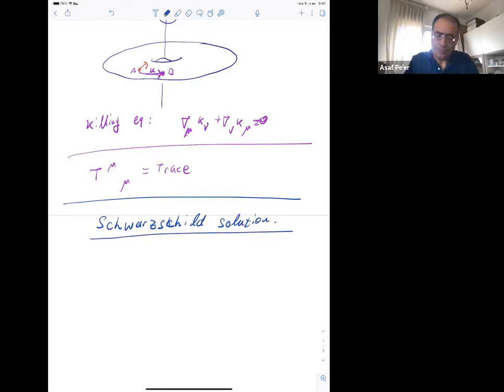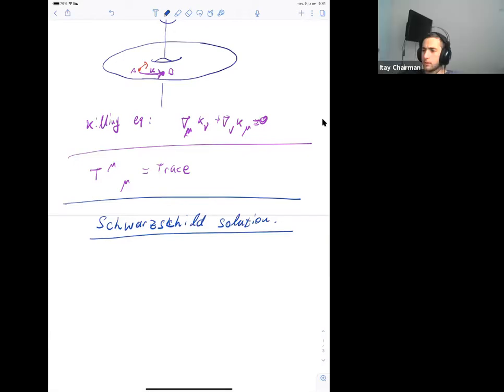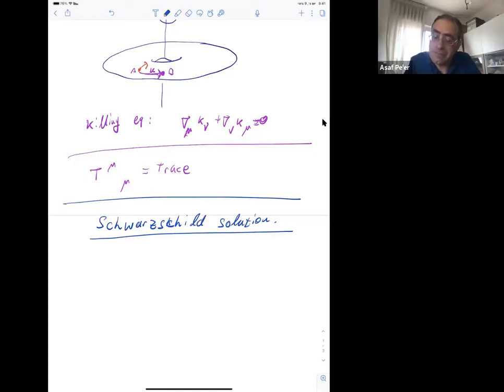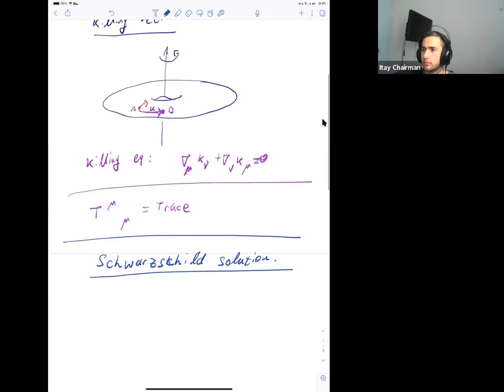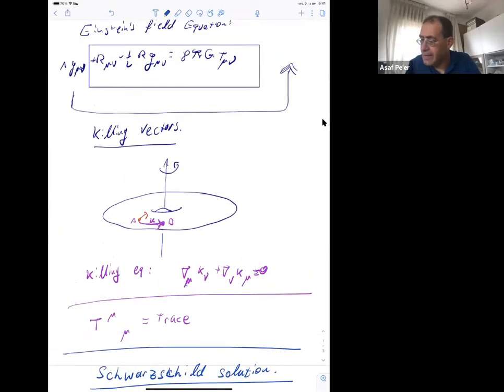So, as we said, the next thing we're going to do is to look for solutions. Now there is in fact one solution of Einstein's equation which you already know. And what is this solution? The weak field solution? No, talking about the full solution to Einstein's equation.